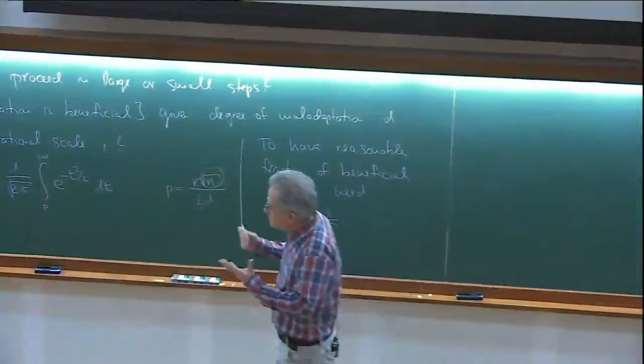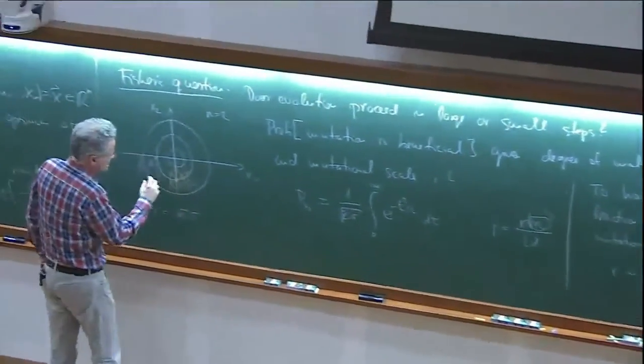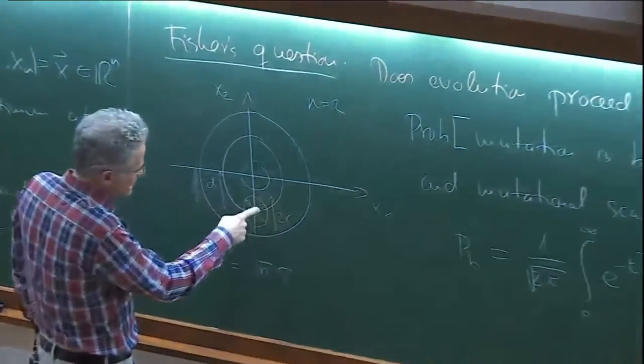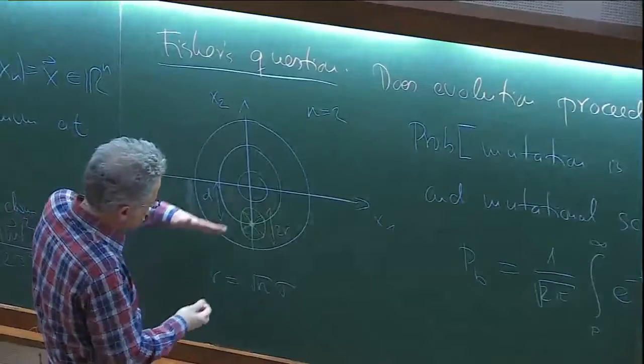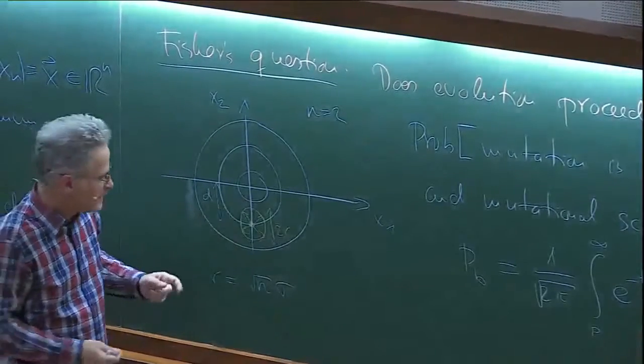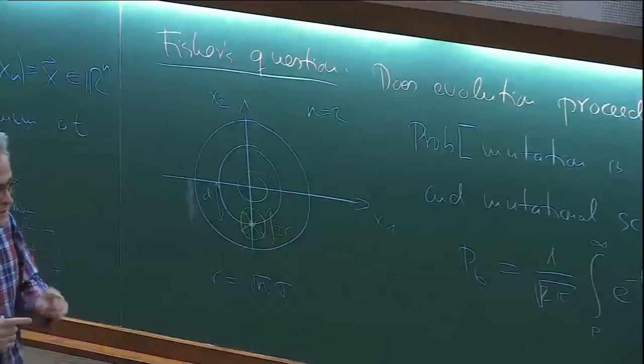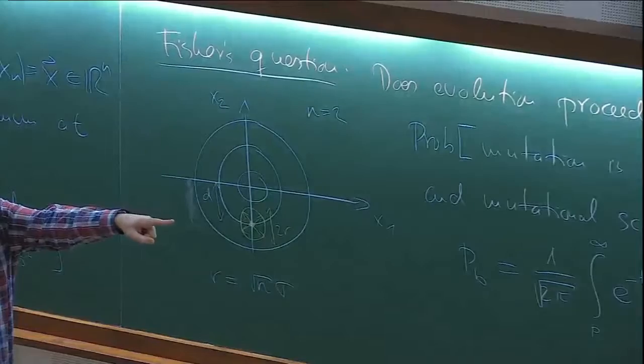But the point, which is hard to visualize, is that the mechanism behind this is that if you look at random displacements in high dimensions, you have many dimensions, you have random displacements, and you have one dimension that leads towards the optimum.